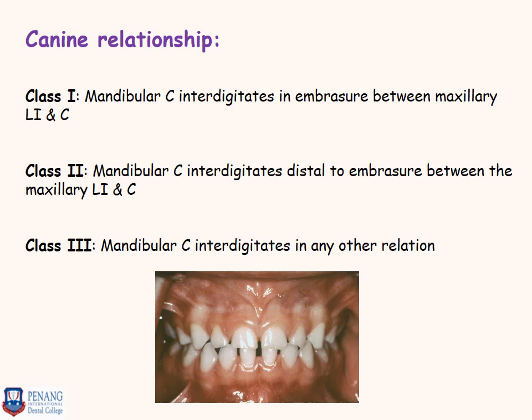Class 2 is when the mandibular canine interdigitates distal to the embrasure between the maxillary lateral incisor and canine. Class 3 is when the mandibular canine interdigitates in any other relation to the class 1 and class 2 we have read.